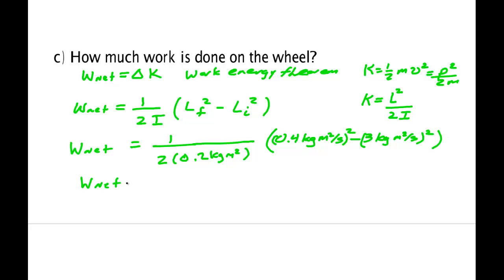Let's see what that gives us with our calculator. 0.4 squared is 0.16 minus 3 squared is minus 9, and then I divide that by 2 and divide it by 0.2, and I get minus 22.1 joules.